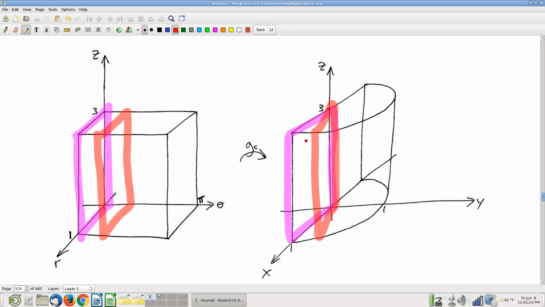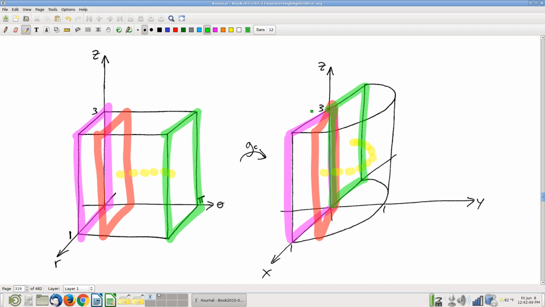And this going around all the way over to theta equals pi has us end up there when theta is pi, like that. So this rectangular box sweeps out this exact domain that we're interested in.